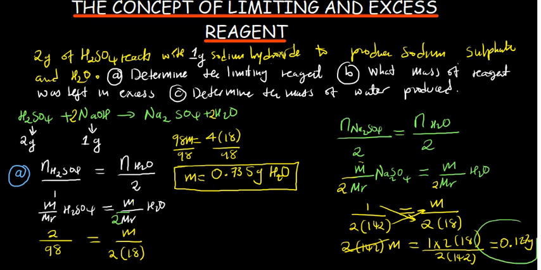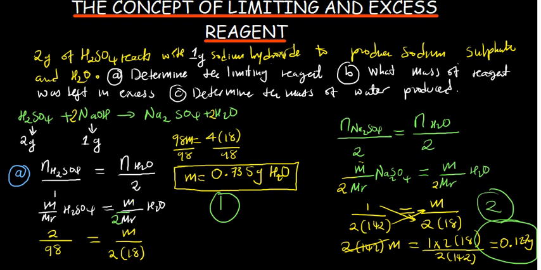You have got this value, you also have this value. So which one is big? Is it 1 or 2? Which one is big? Yes, 1 is big. So if you see, the limiting reagent should always produce a small value, because why?